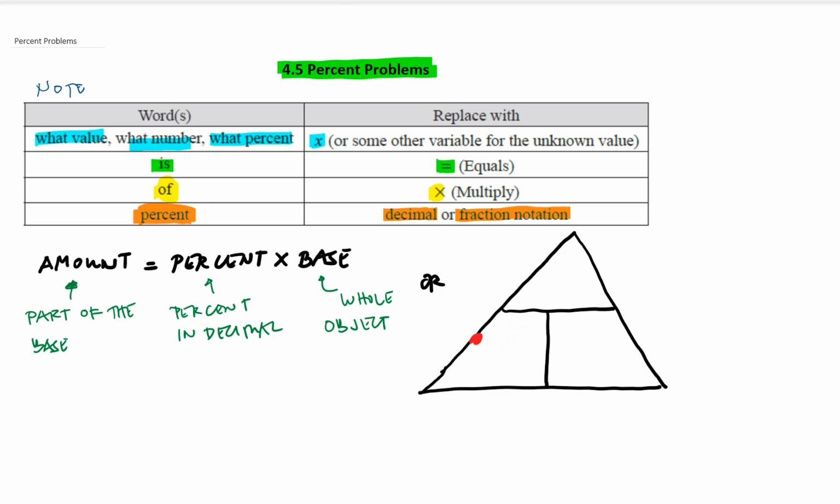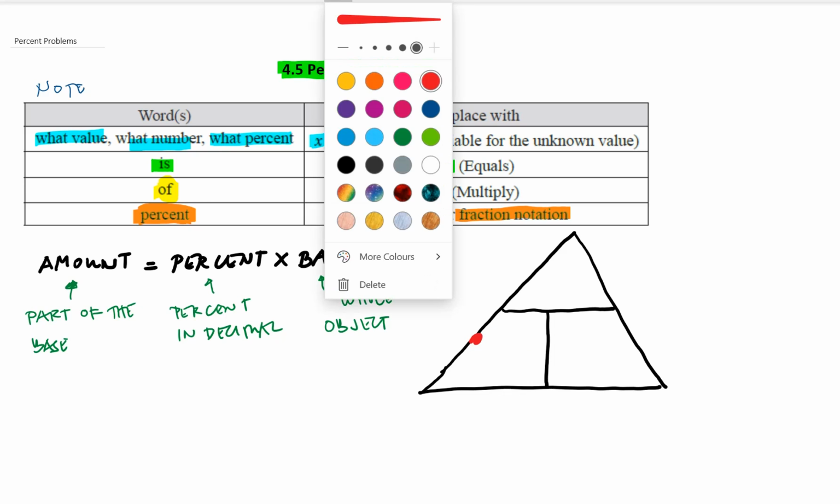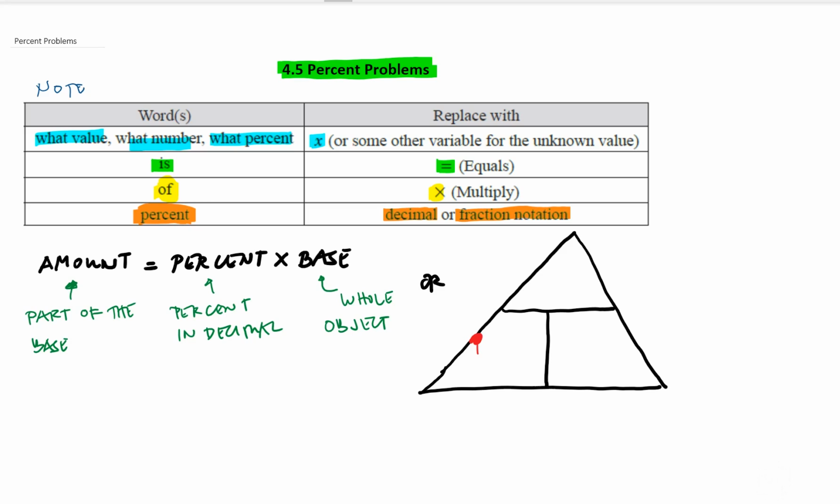So this is the percent in decimal. And then the upper part of your triangle would be your amount, and then the lower right would be the base.